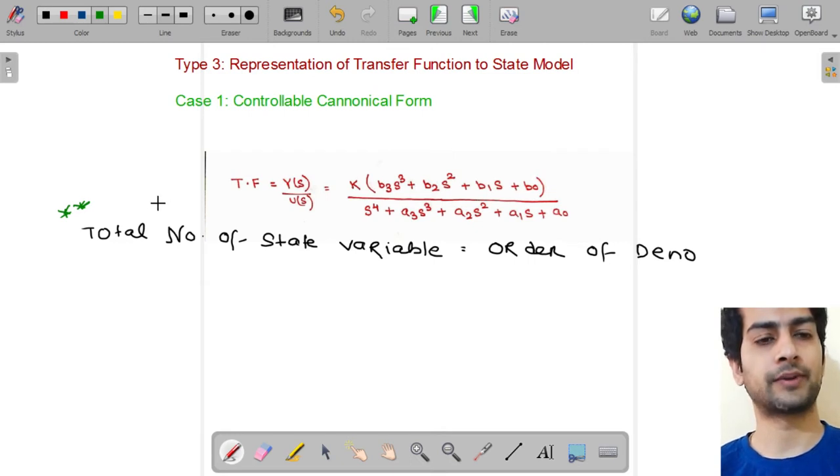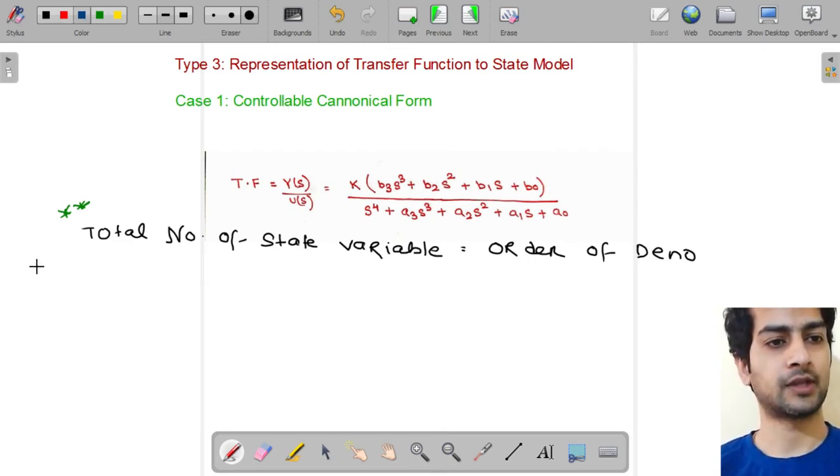Now I want to represent it in state model. So I will write it like this. There will be 4 state variables. So x1 dot, x2 dot, x3 dot, x4 dot.